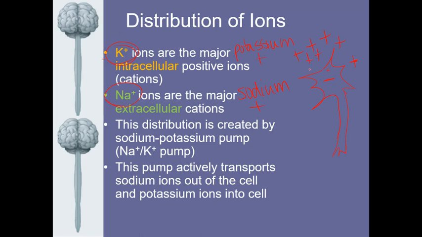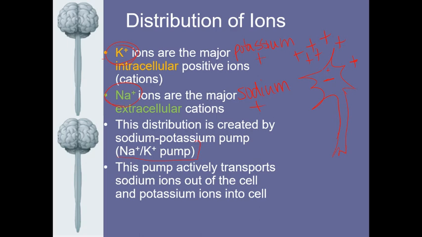That creates a difference in charge. I have a much more positive effect on the outside, a less positive effect on the inside. So even though they're both positive, you just have less of a charge on one side or the other. And that does create this positive, negative sort of interaction between the two.